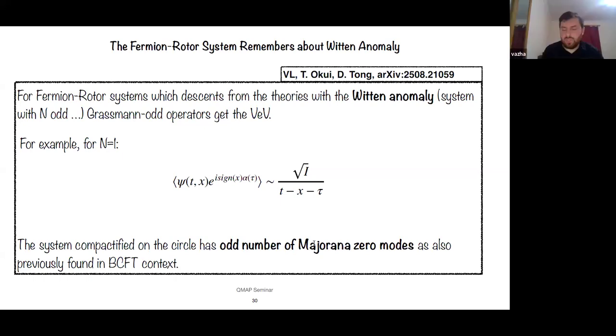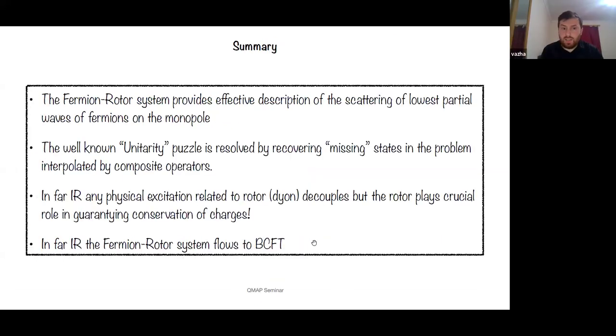Yeah. Okay. Thanks. And let me summarize what we are really saying. What we are really saying is that the Fermion-Rotor system provides an effective description of scattering of the lowest partial waves of the fermions on the monopole. In this framework, the well-known unitarity puzzle is resolved by recovering missing states that can be interpolated by composite Fermion-Rotor operators.